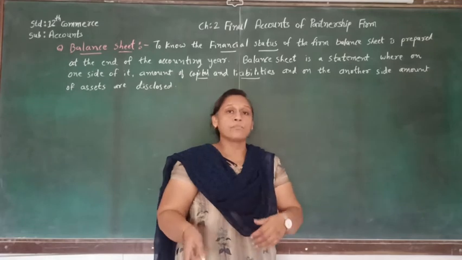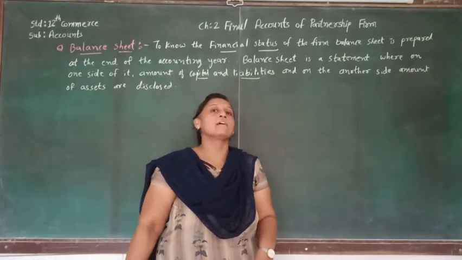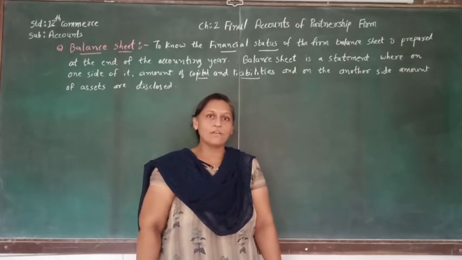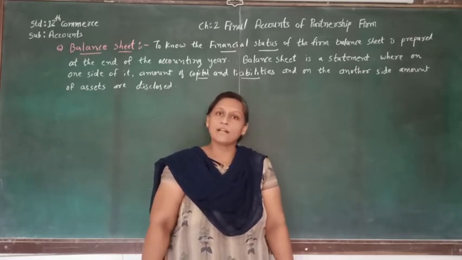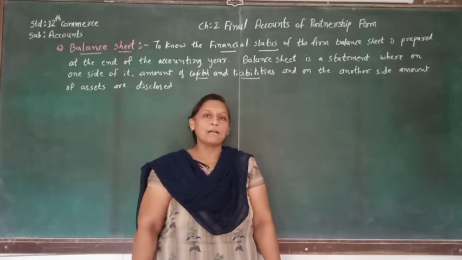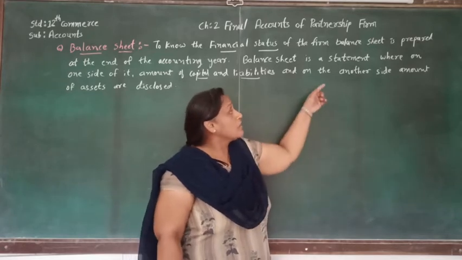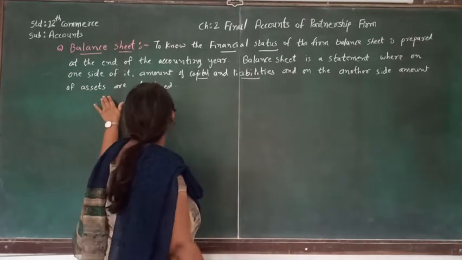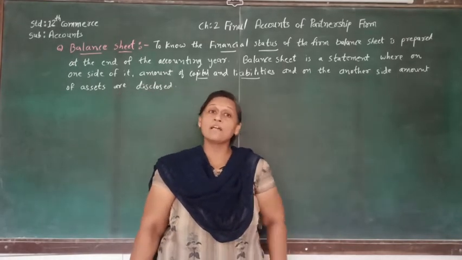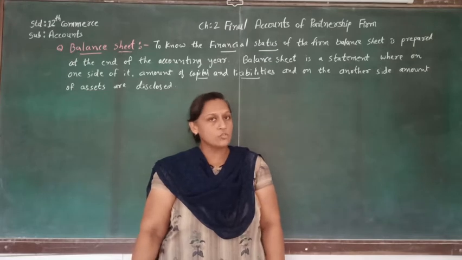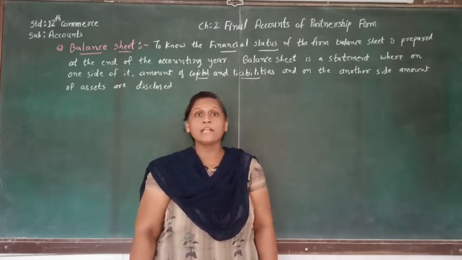So on the left hand side of the balance sheet, the very first thing that we write is capital, and afterwards we write all the liabilities of the partnership firm. And on the other side of the balance sheet we disclose all the assets. Those assets we disclose according to their liquidity. That is, very first we write non-current assets.